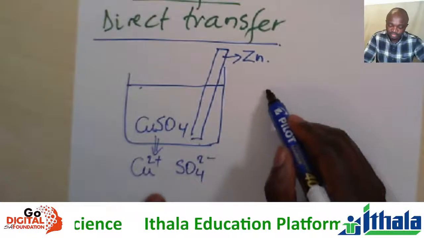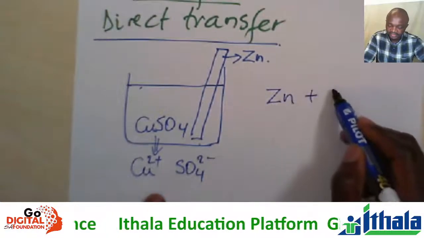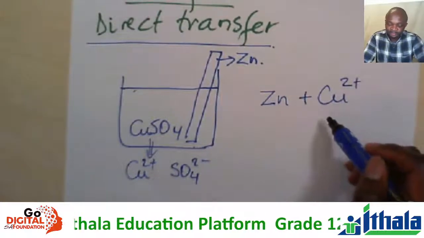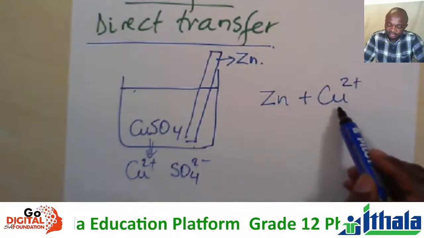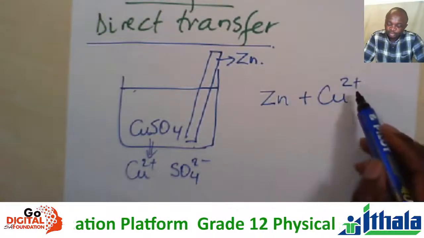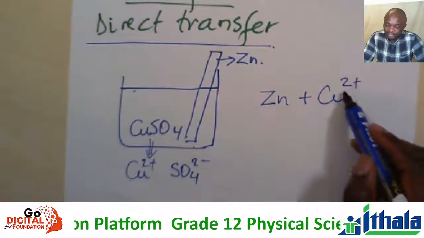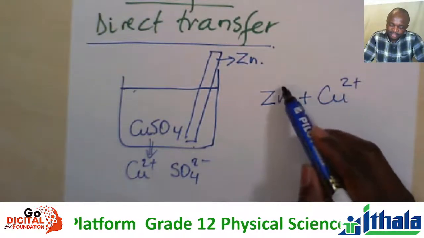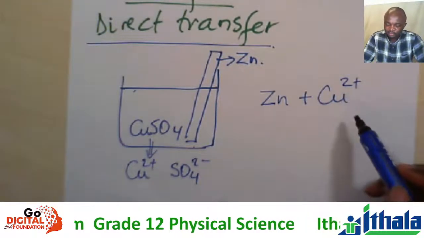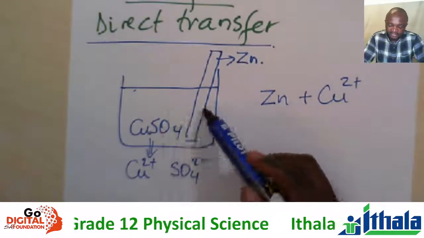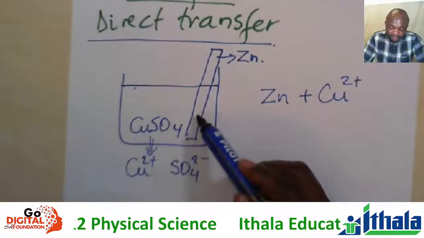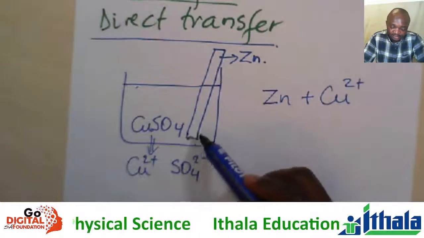Zinc reacts with the copper ion. The reaction will happen, because zinc is a neutral metal, which means the copper will gain electrons and the zinc will lose electrons. So zinc will be oxidized, copper will be reduced. Now they are in the same compound, in complete and physical contact.